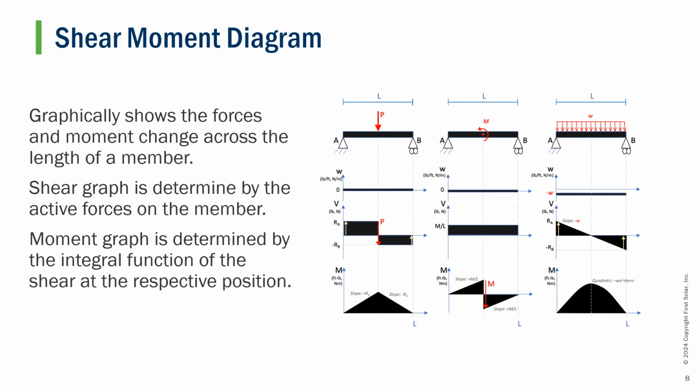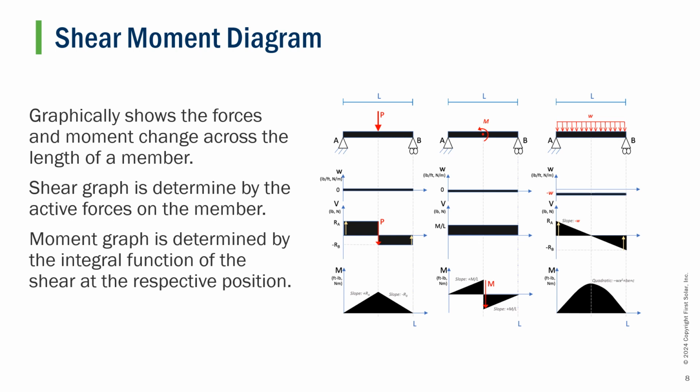So moving on, one of the most important concepts in mechanics of materials is the shear and moment diagram. What these diagrams do is graphically show the forces and moment change across the length of a member. And beginning how to determine some of these graphs is based off of your free body diagram.